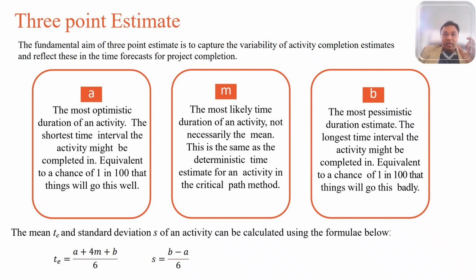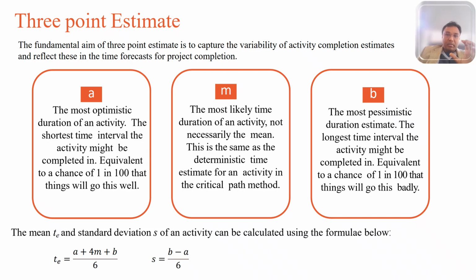And let's see how it's applied. These three point timings, the optimistic, most likely, and pessimistic time, define the shape of the beta distribution for that activity.